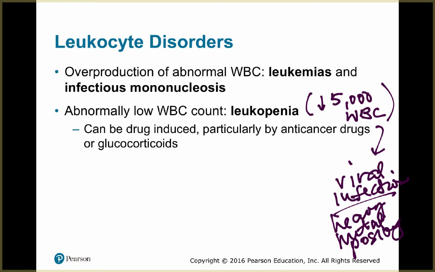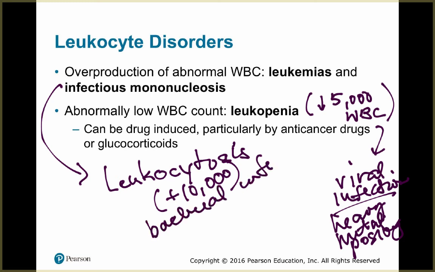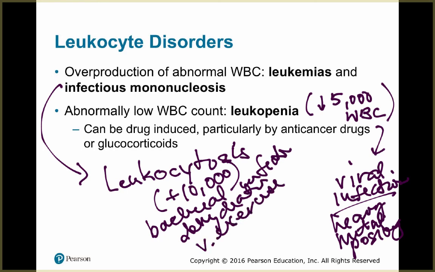If you are abnormally high, it is a process called leukocytosis, and that is when you're over 10,000. We talked about this. And this can be due to bacterial infections, dehydration, vigorous exercise, or emotional disturbances.